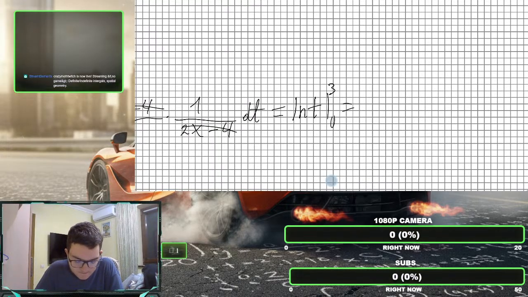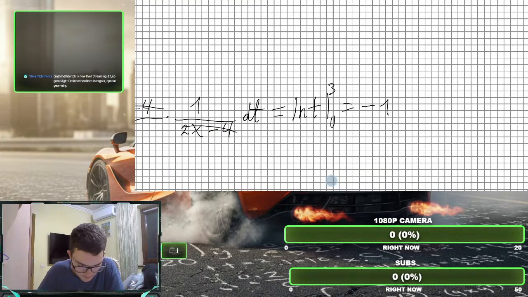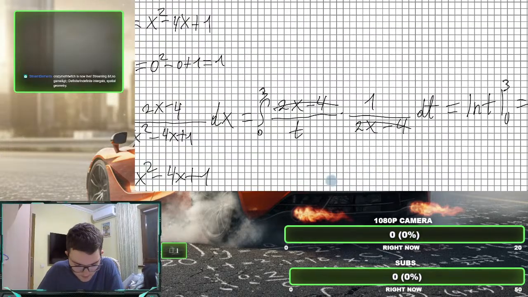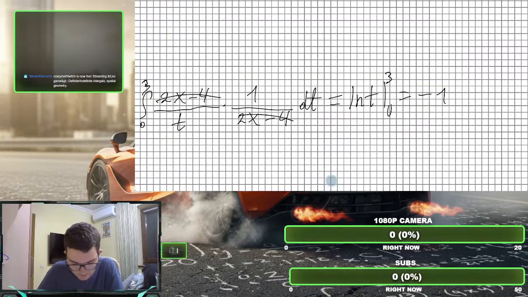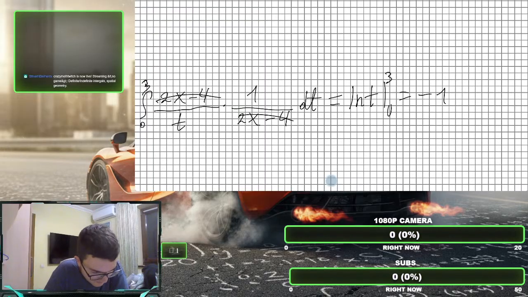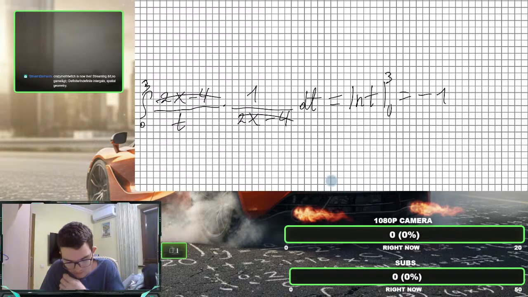Well, ln of 0, I think it's 1, but ln of 3 might be 0, so it could be minus 1, I'm not sure. And if I say that it's minus 1, then f of 0 is higher. Yeah, that's what it is.